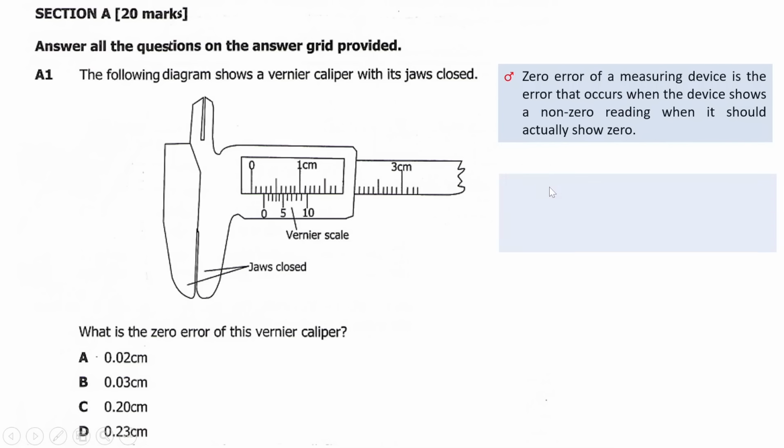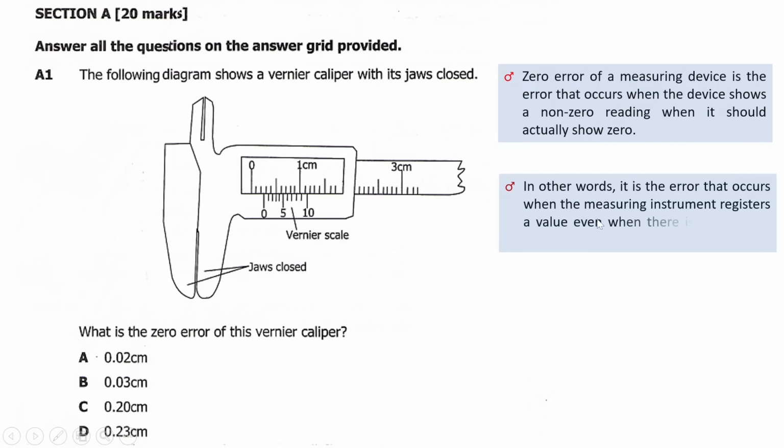The second one says, in other words, it is the error that occurs when the measuring instrument registers a value even when there is no input or quantity being measured. So what it means is that it is a measurement which a measuring instrument indicates or reads without measuring any quantity. Like here, this one is not measuring any quantity, but they want us to show the reading on it.